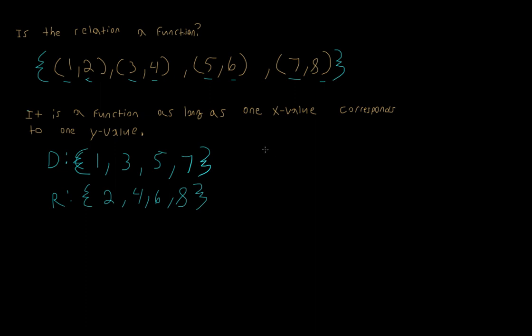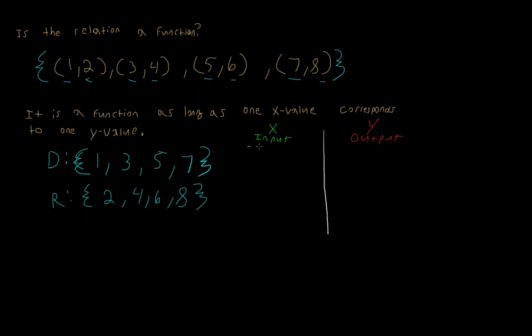So let's draw a little chart right here. I'm going to call the x values the inputs, and the y values the outputs. So I'll put y and right here x, and draw a little line like this.